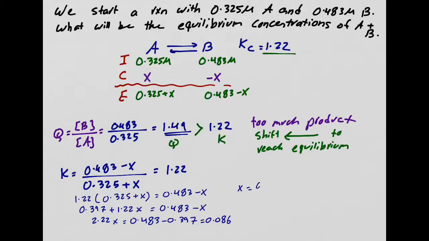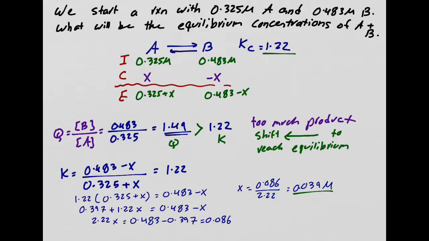X is going to be 0.086 over 2.22, and that means I get 0.039 molar. Beautiful. That is my x, okay? So I just got the x.